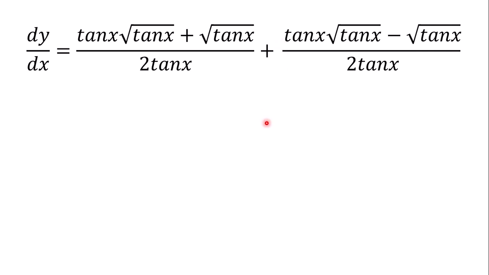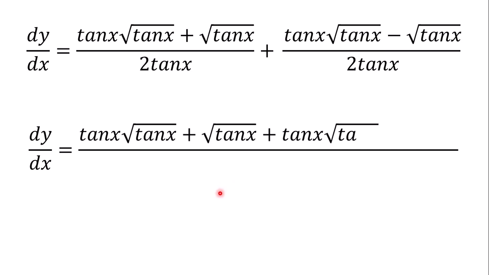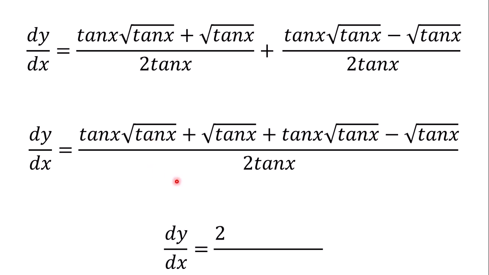Good. This will cancel out with this. This plus this will give us 2, right? Good.